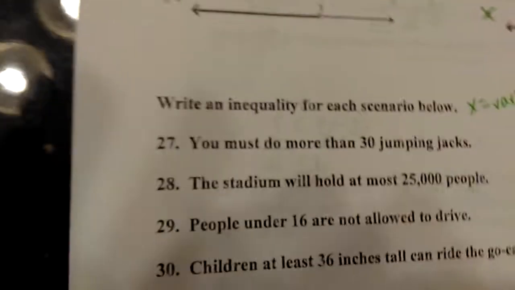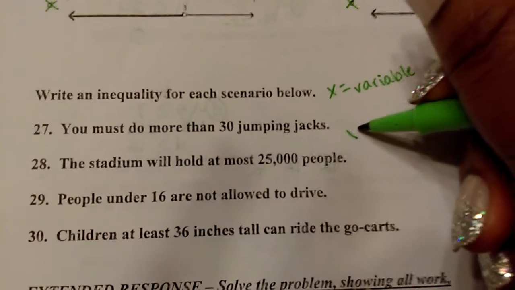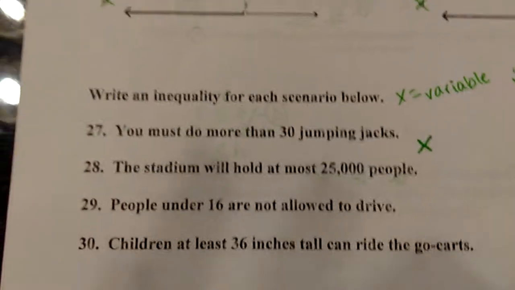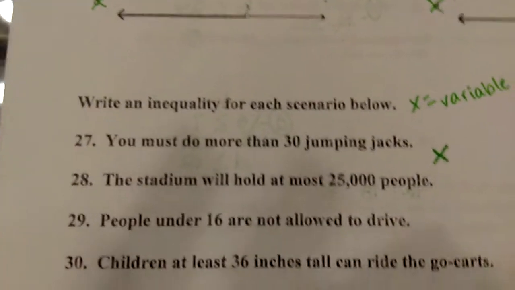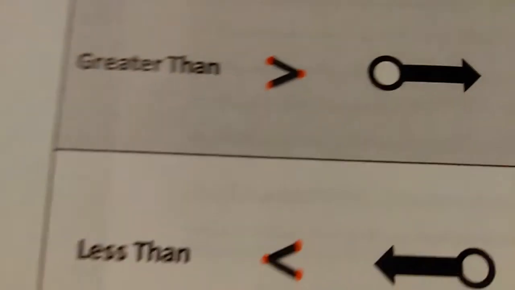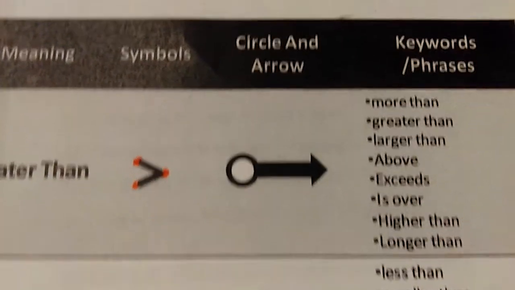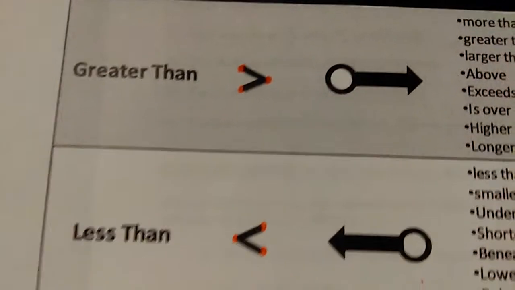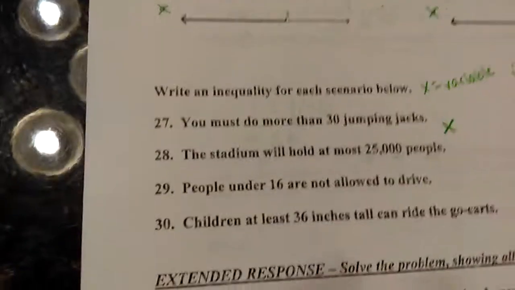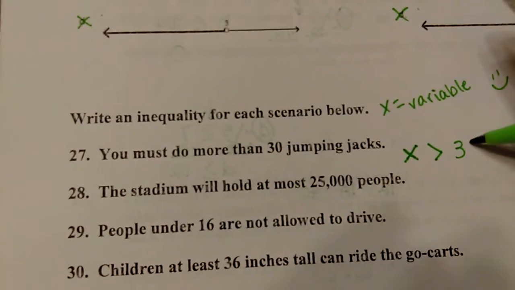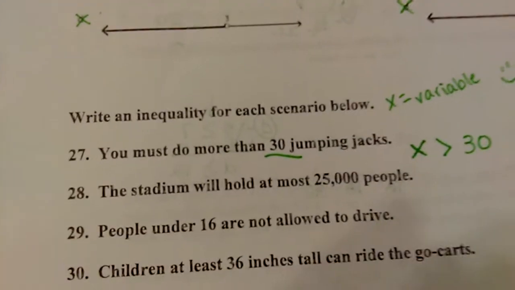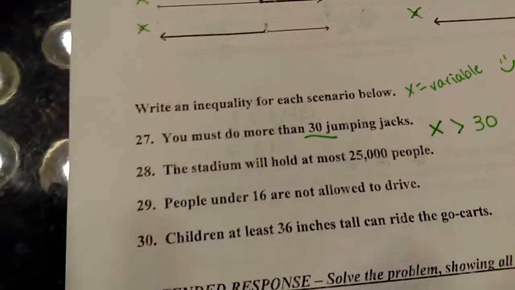Whatever amount that you do, that's our X. We don't know up front how many you're going to do. So whatever amount you're going to do, it must be more than, or greater than. Remember our keyword? There it is right there: more than. See the symbol we're going to use? So X must be more than 30 for 30 jumping jacks.